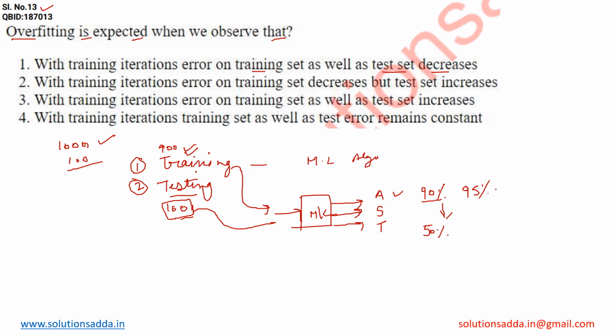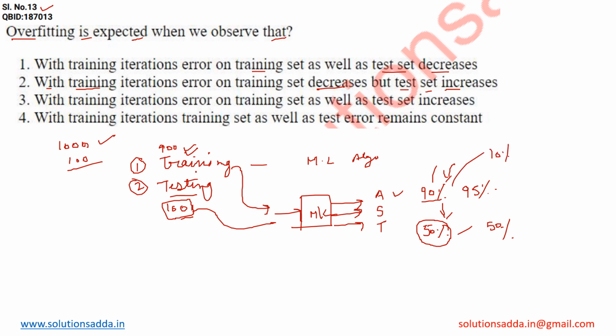So here, by reading the options, you may find that the second option says with training iteration, errors on training set decrease. If accuracy is high, that means the error decreases. But on the test set it increases: when you are testing your data, the accuracy becomes 50%, which means the error percentage will be 50%, while in training the error percentage will be 10%.